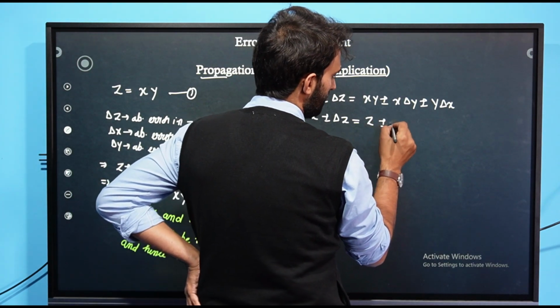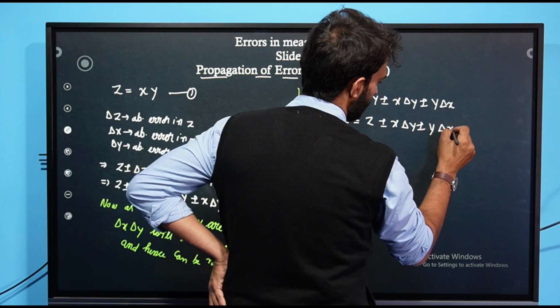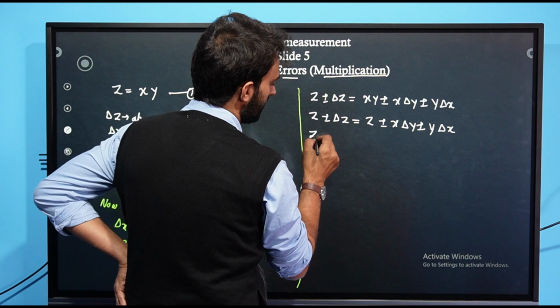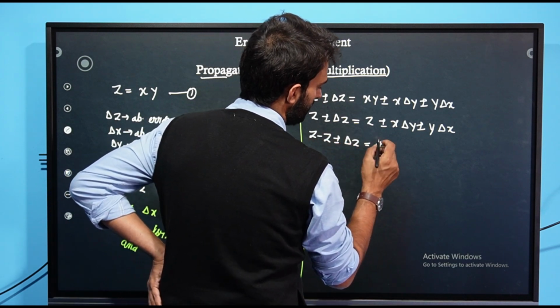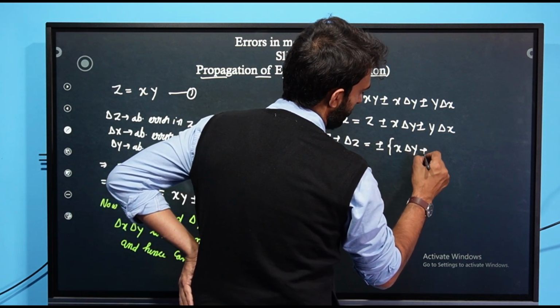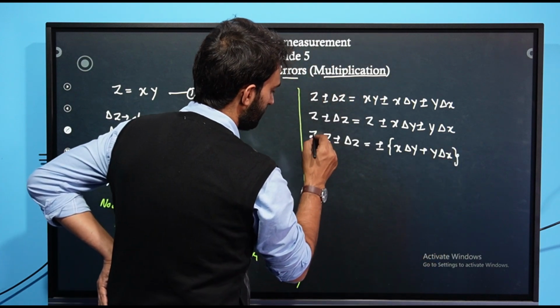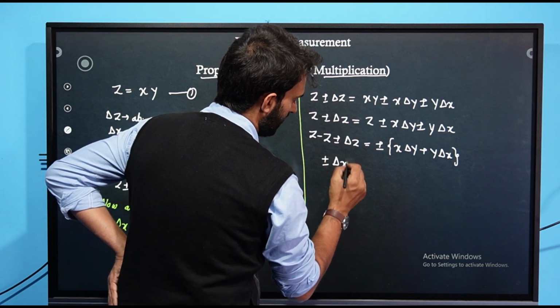So z plus minus x delta y and plus minus y delta x. So if you take this z from RHS to LHS, we can write it as z minus z plus minus delta z is equal to plus minus, we will take common, and we can write it as x delta y plus y delta x. So this z minus z is 0, so that means plus minus delta z.